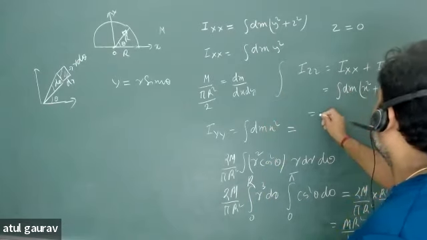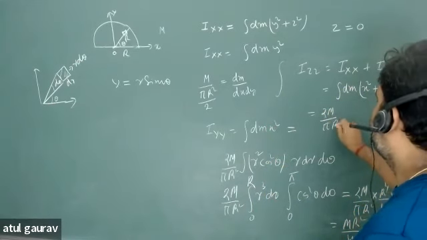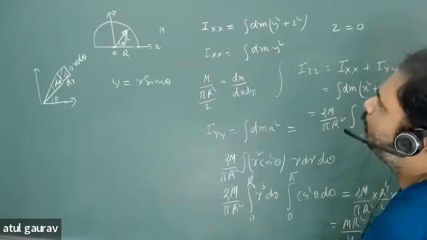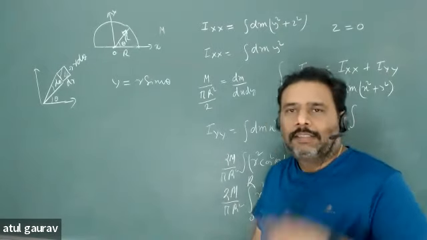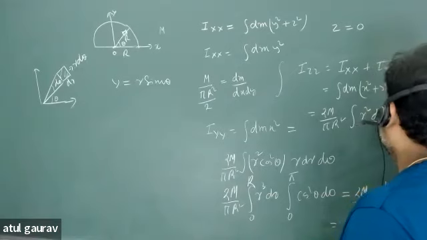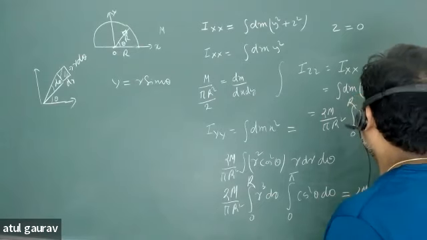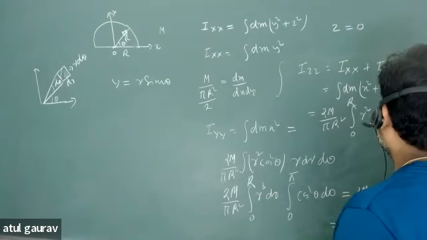Again, what will be dm? 2m upon pi r square. And we have x square plus y square, r square cos square theta plus r square sin square theta. You will remain with only r square, isn't it? r square into r dr from 0 to capital R, and d theta from 0 to 2 pi.